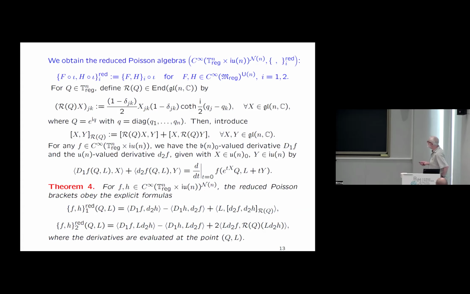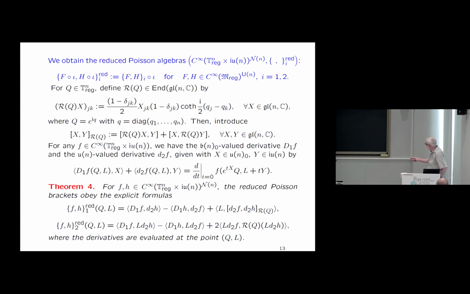And now we obtain two compatible Poisson brackets on these invariant functions on our gauge slice by this usual procedure. I mean, every function on the gauge slice is the restriction of an invariant function on the regular part.